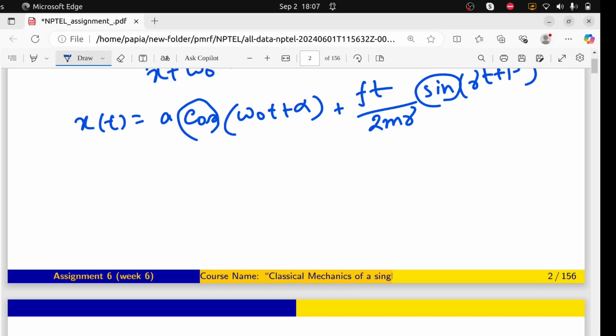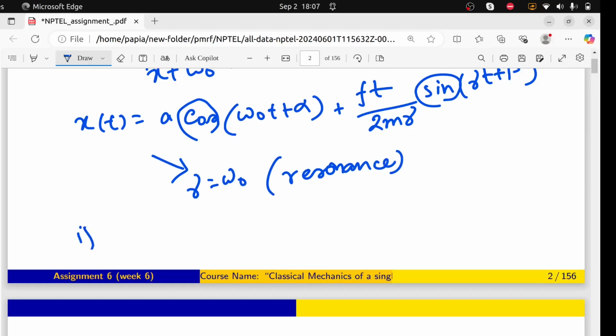Gamma is root over omega 0. This is the equation when gamma equals omega 0, that means the resonance condition.